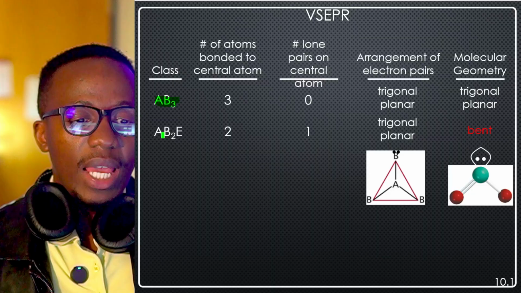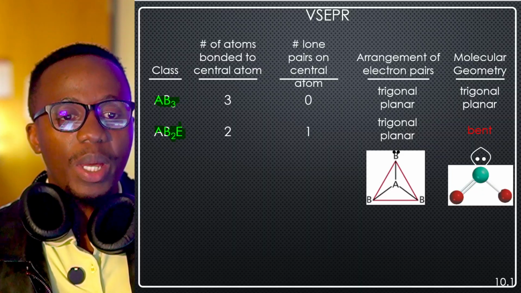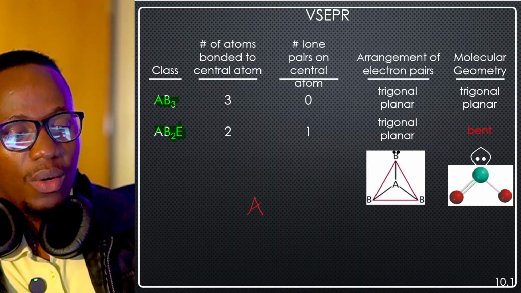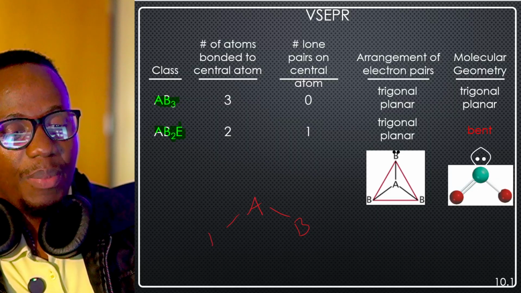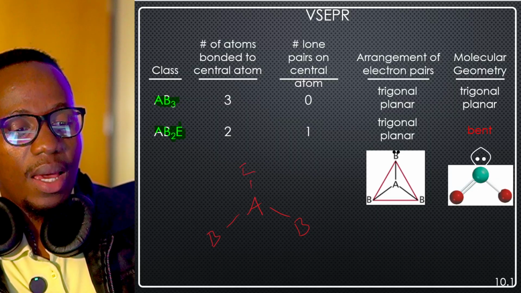But look at this: AB2E. E is a pair. Think of E as an electron pair. So you have A here, you have a B here, another B here, but then the E is an electron pair.